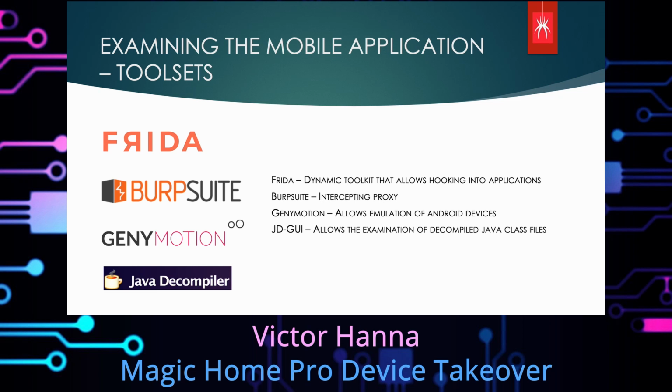And JD-GUI, which is, after conversion of an APK to Java, we can then throw the file into the JD-GUI utility to view the decompiled class files for interesting entries. Each of these tool sets deserves a definite isolated talk in and of itself, so I won't spend much more time going through this, but there is a super amount of information out there on the interwebs if interested.